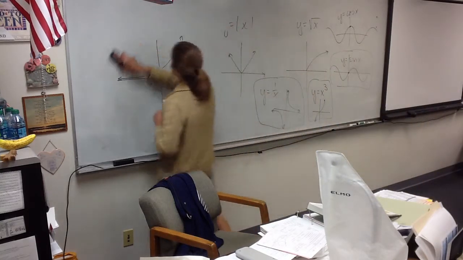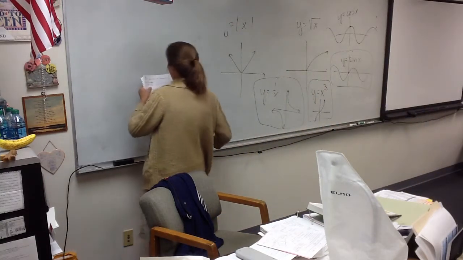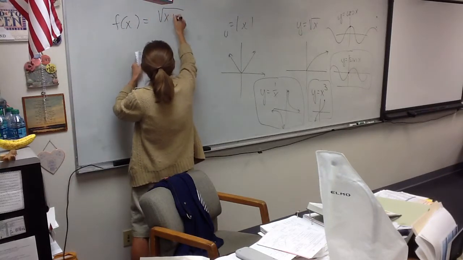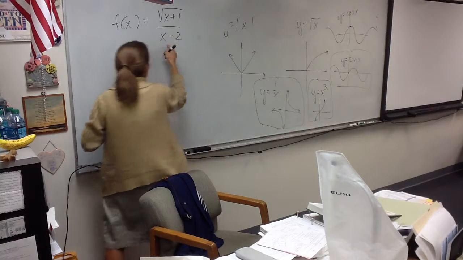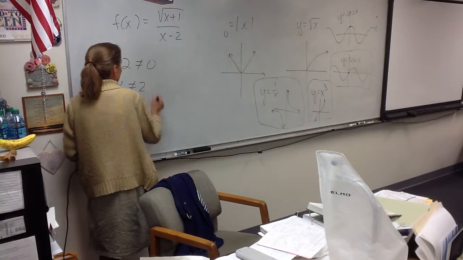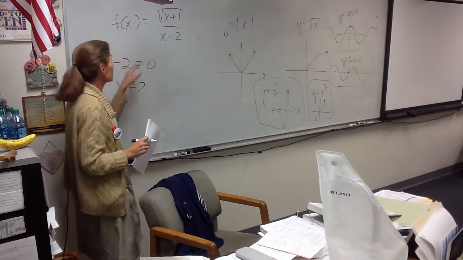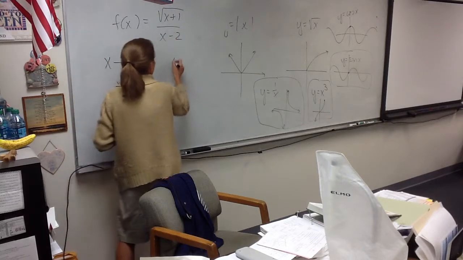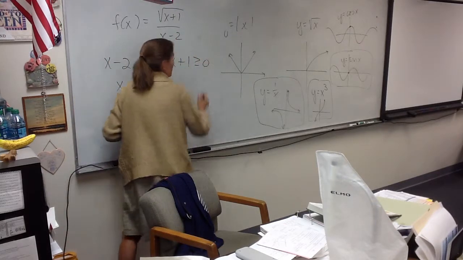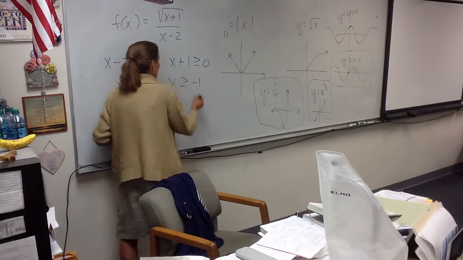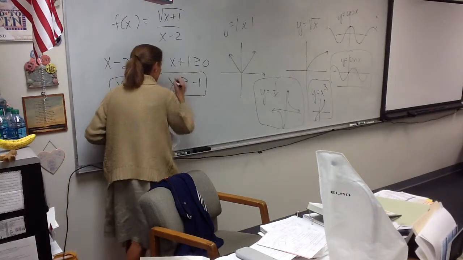So when I look at problem number A, I see right away that x minus 2 cannot be 0, so x can't be 2. Does everybody else see that? I also see that x plus 1 has to be bigger than or equal to 0, which means x has to be bigger than or equal to negative 1.